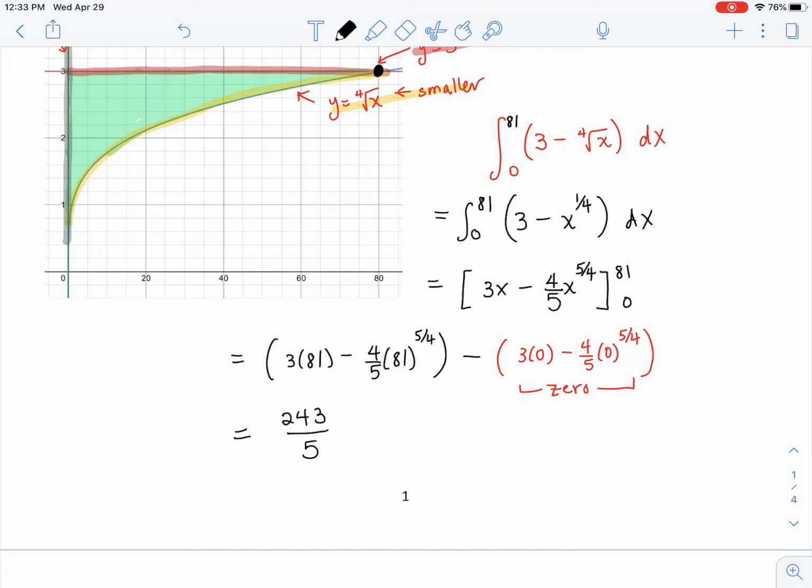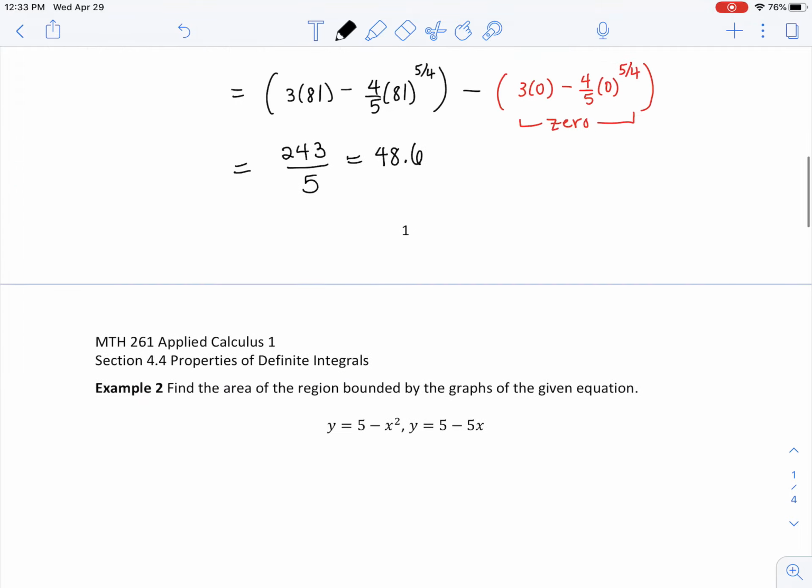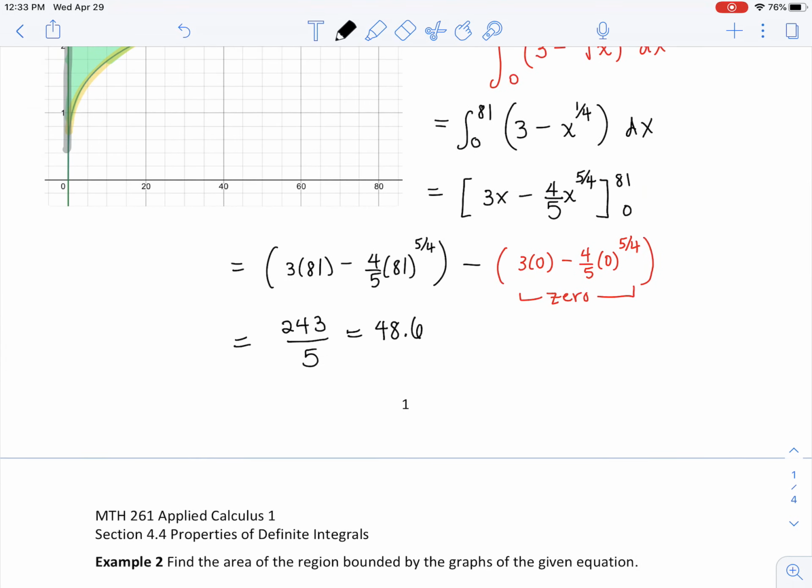And I'm not sure if your MyMathLab homework will ask you to write this in decimal or a fraction, but I guess I'll write both. This is also 48.6. And if they even want a mixed number, you can say 48 and 3/5.